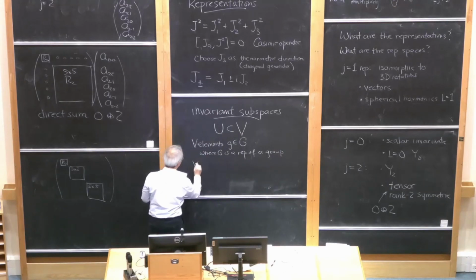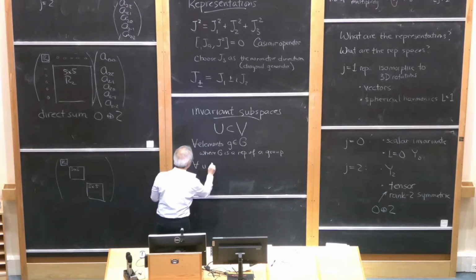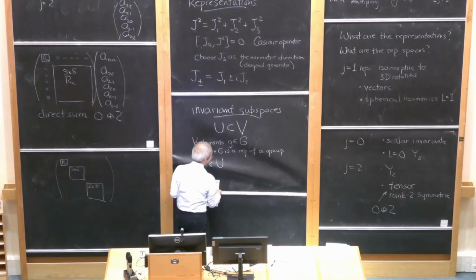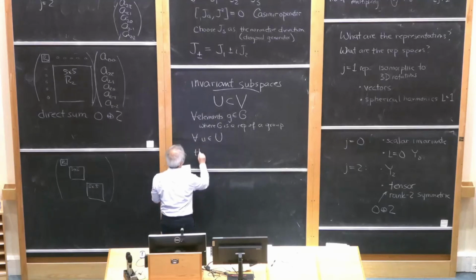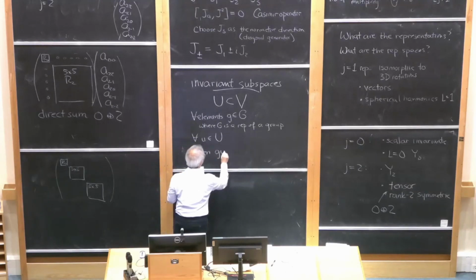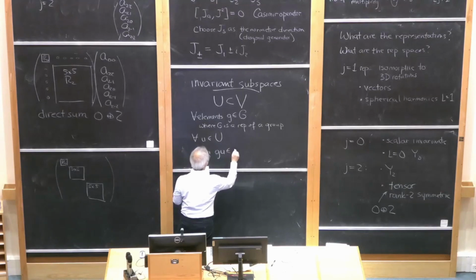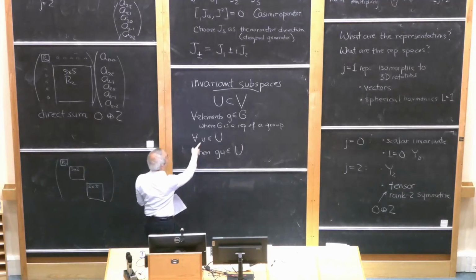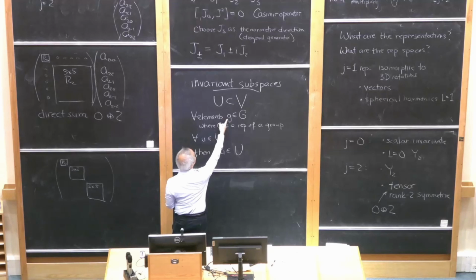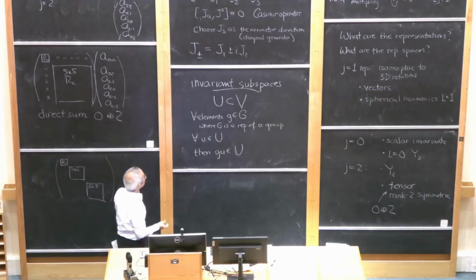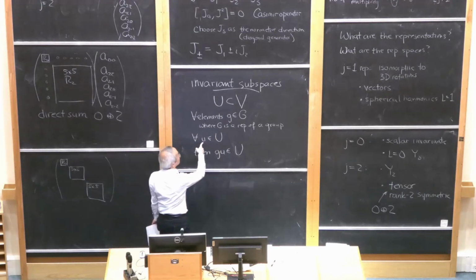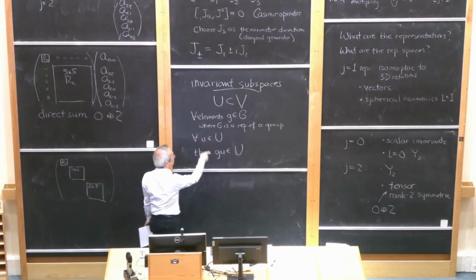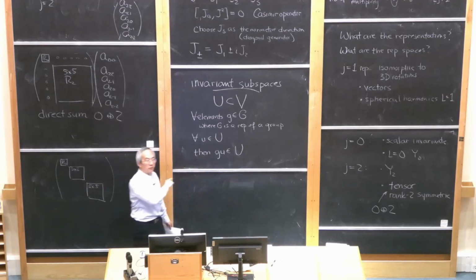Then, for all elements of U, G operating on U will still be an element of U. Or in other words, you can say that, with all these transformations, like rotations or whatever, elements of an invariant subspace will only transform into other elements of the invariant subspace.